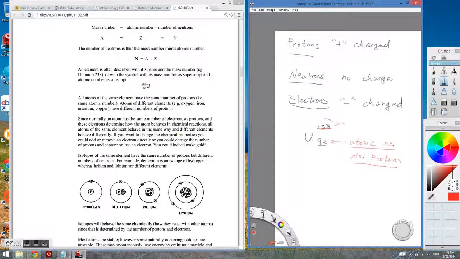Please write this down in your notes. The number upwards here, the 238, is called the mass number. It means the number of neutrons and protons in the nucleus. So for uranium 238, here is what is happening in the nucleus.